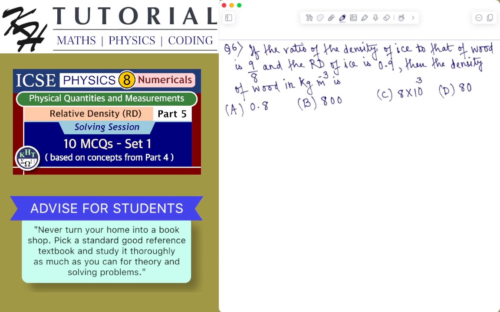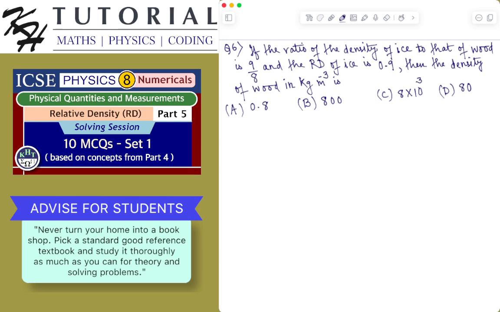We can always convert the value of density from CGS to SI and vice versa. So basically, we have to find the density of wood. There is no concept of mass or volume, so we have to find the density of the wood from its relative density.